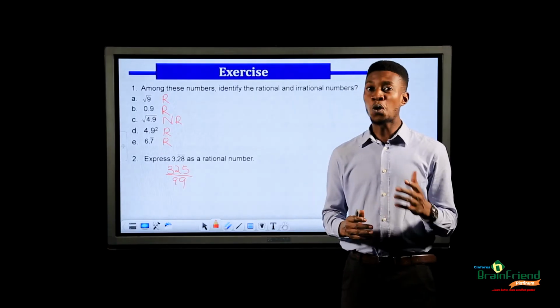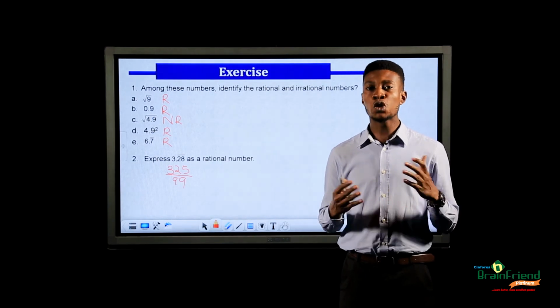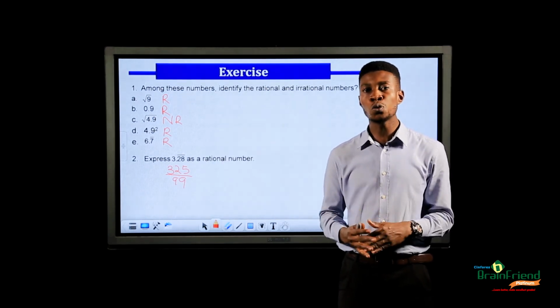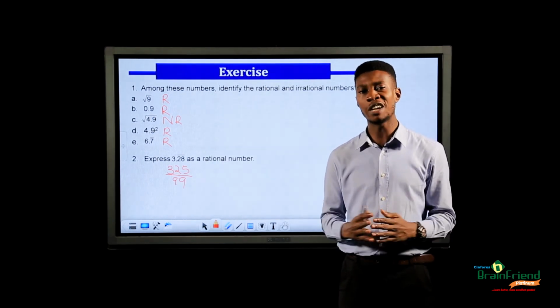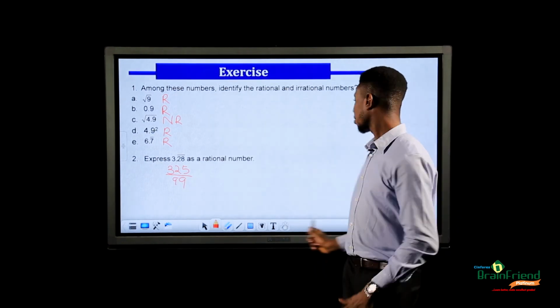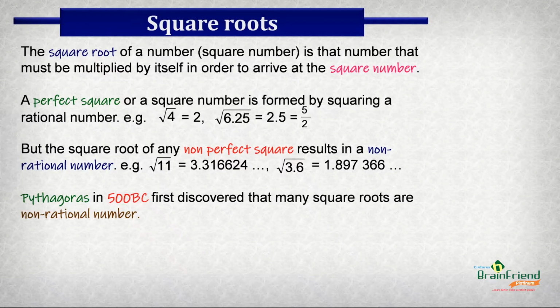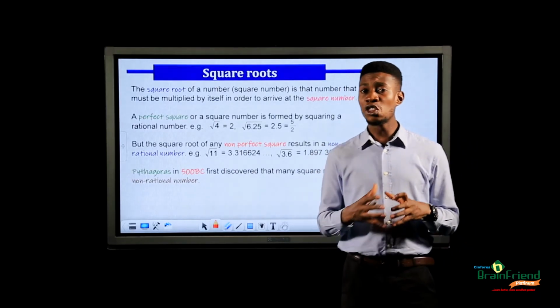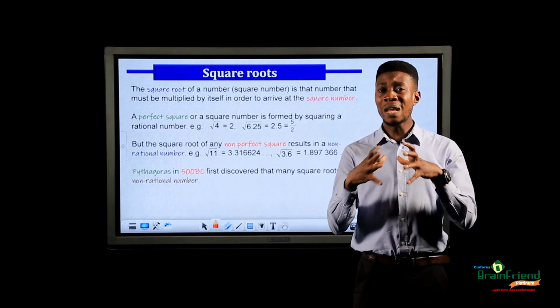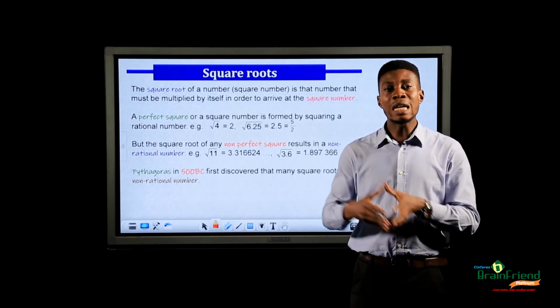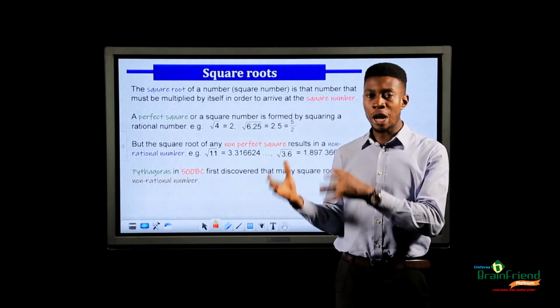Now, let's go on to talk about square roots in relation to rational and non-rational numbers. A square root is a number that when multiplied by itself yields another number called a square number.